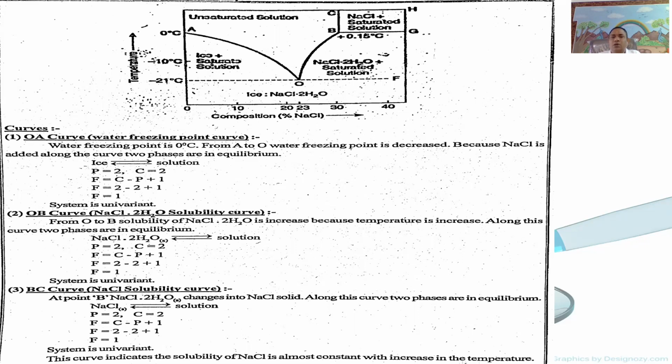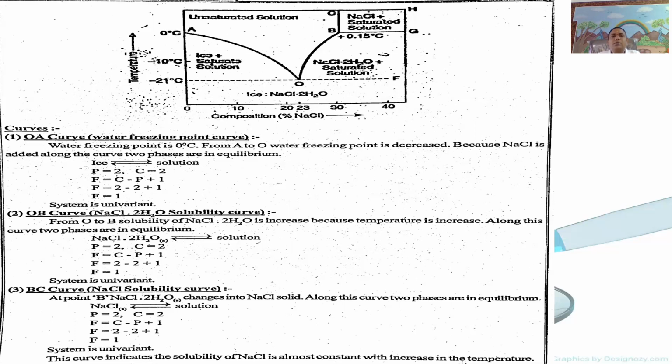Cryohydric point means the point at which the three phases of the salt water system exist in equilibrium. At the eutectic or cryohydric point, the temperature is minus 23 degrees centigrade, and the composition is 52% of potassium iodide.